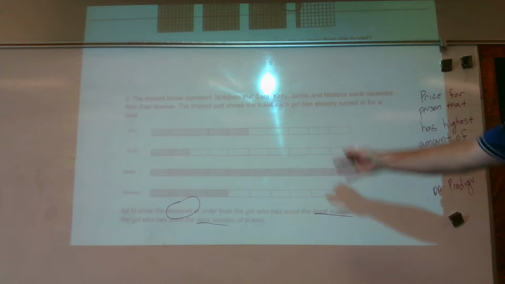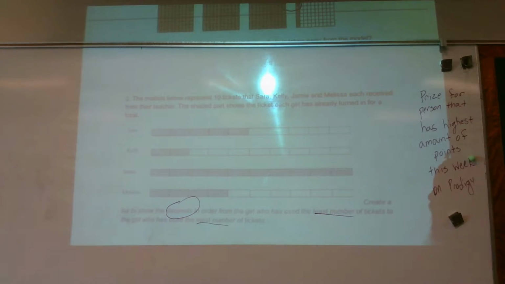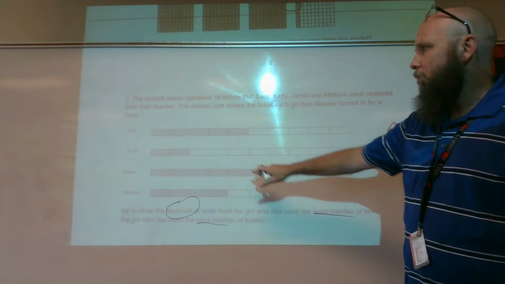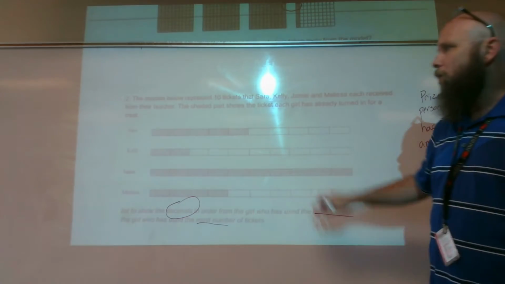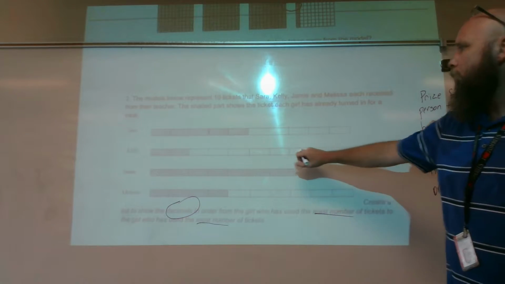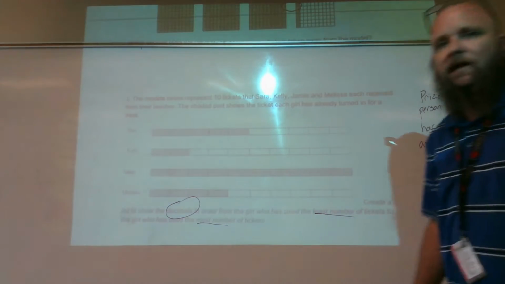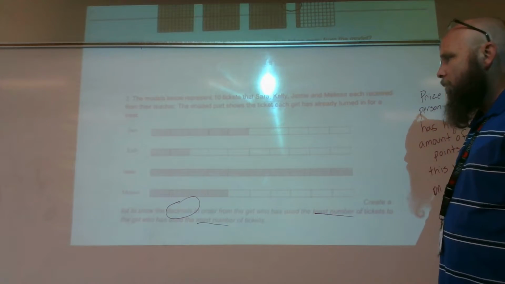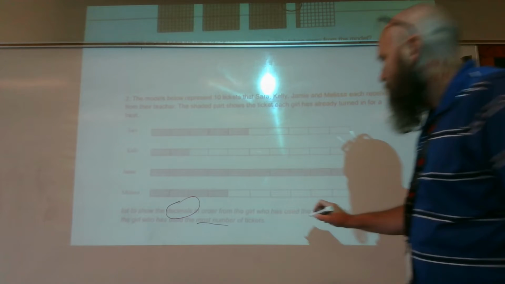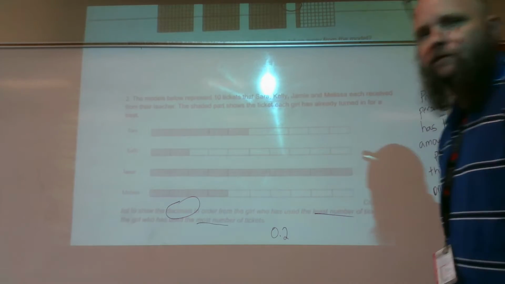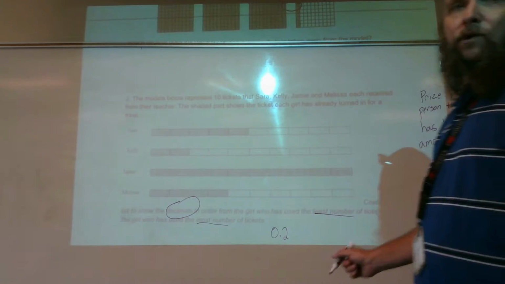And it's really easy to look at it and see who had the least. Well, obviously, this is the least turned in. Those two show the least turned in. There are 1, 2, 3, 4, 5, 6, 7, 8, 9, 10 sections there. She's turned in just 2 of them. So she's turned in 2/10. That's the smallest. We're done with Kelly.